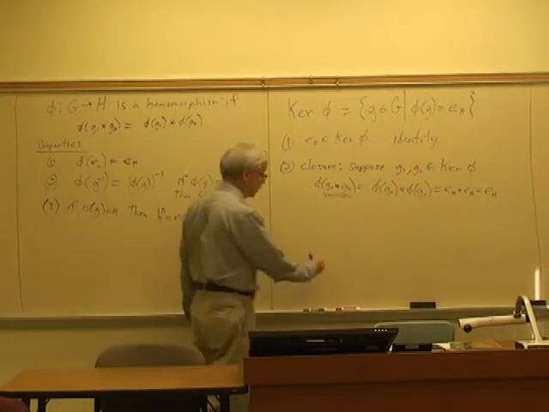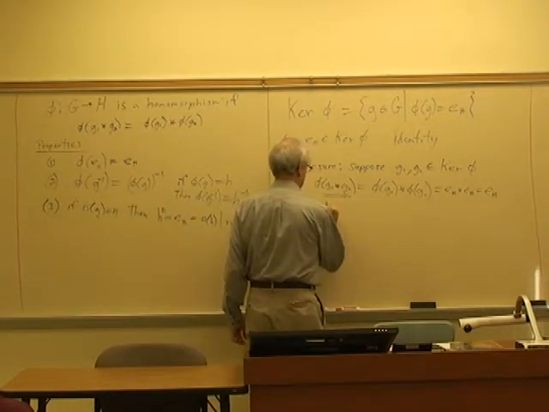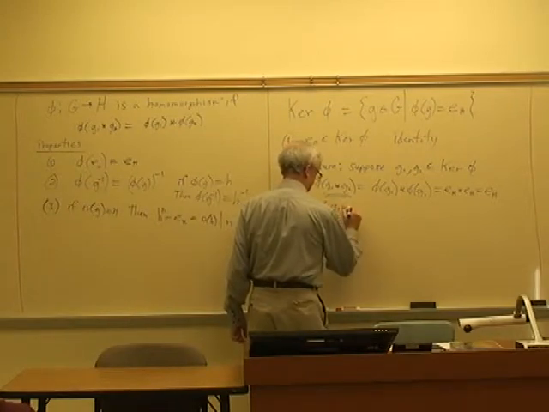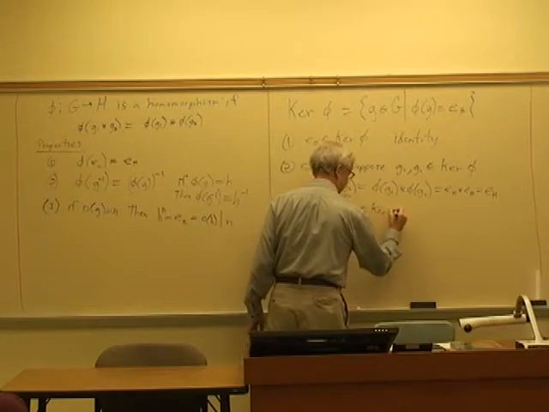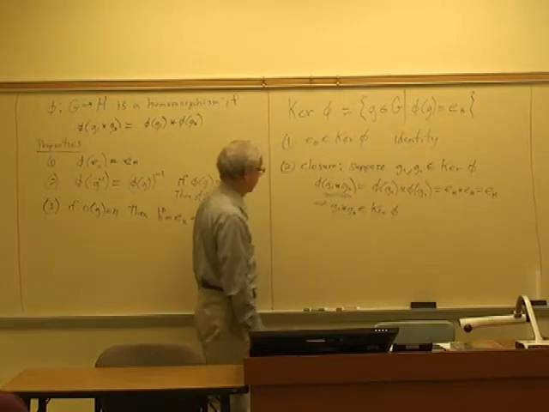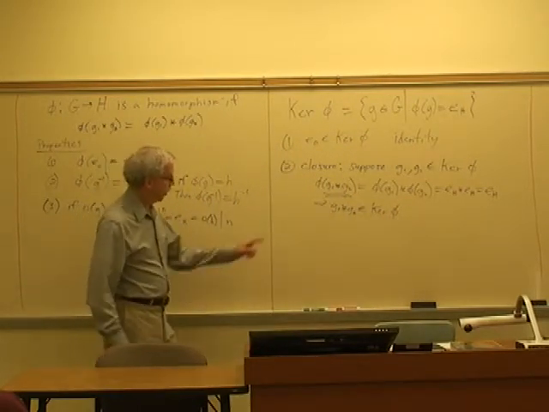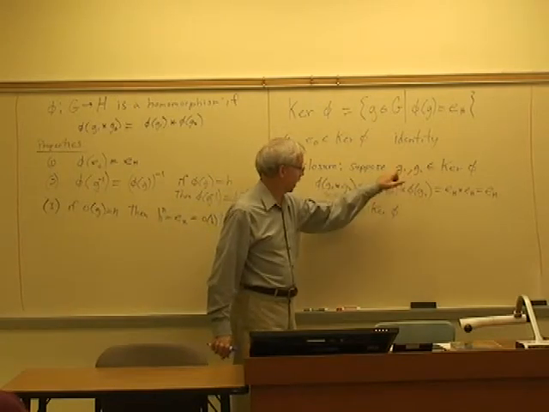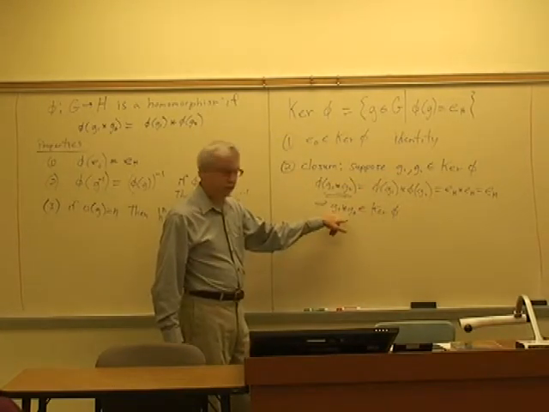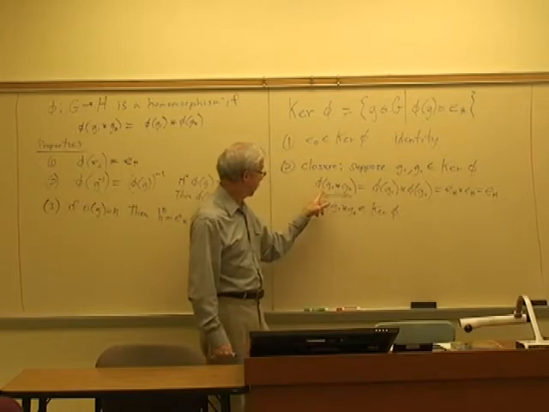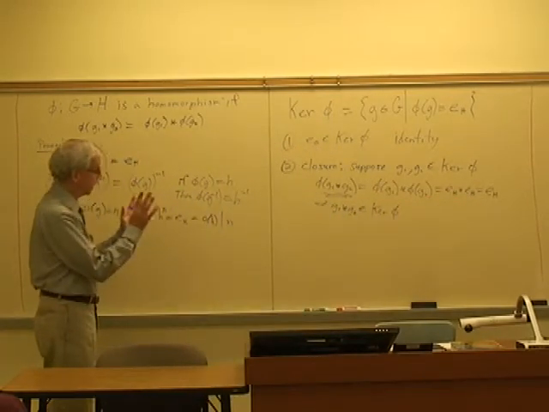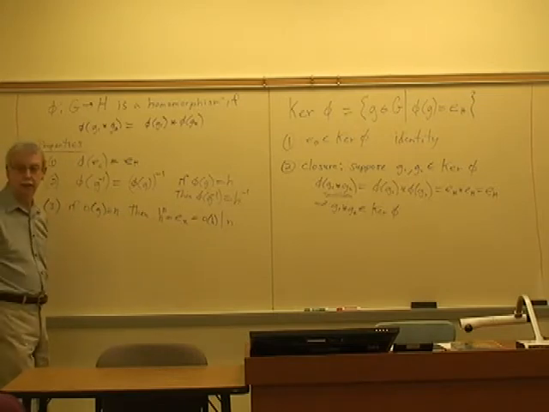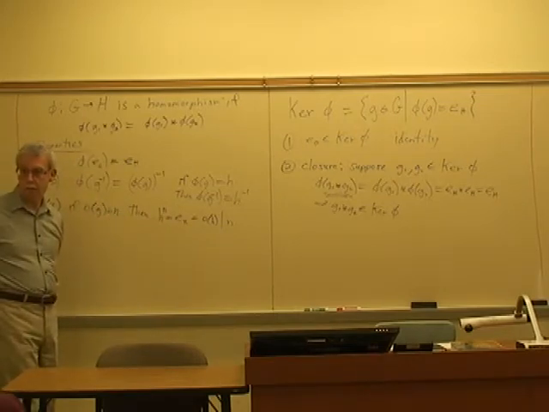It's in the kernel. That's closure, right? If I take any two elements in the kernel and I operate on them, I get another element in the kernel because the image of the product is also the identity. So I have the identity in there. I have closure. What else do I need to be a subgroup?